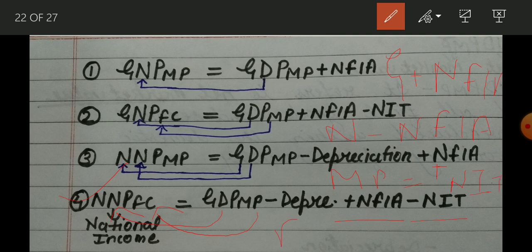Okay, FC means minus NIT. Okay, and this is related to what we have to calculate. So do the practice, you are able to understand it.